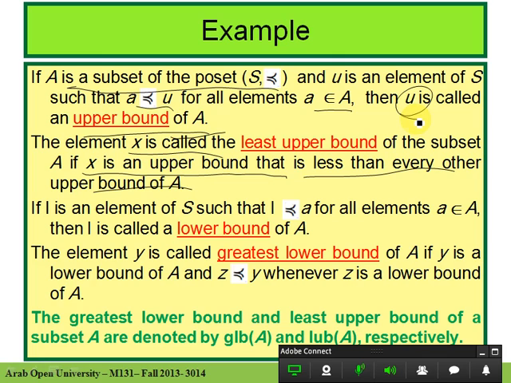And for lower bounds, for example, you have 20 as a lower bound. Among these, the maximum lower bound is the greatest lower bound.